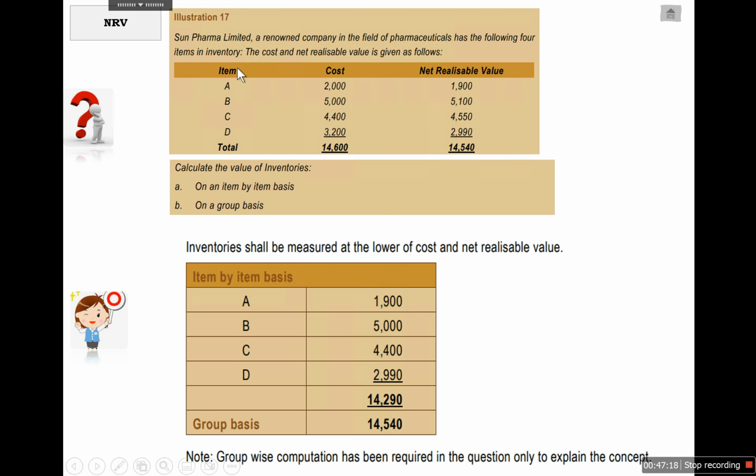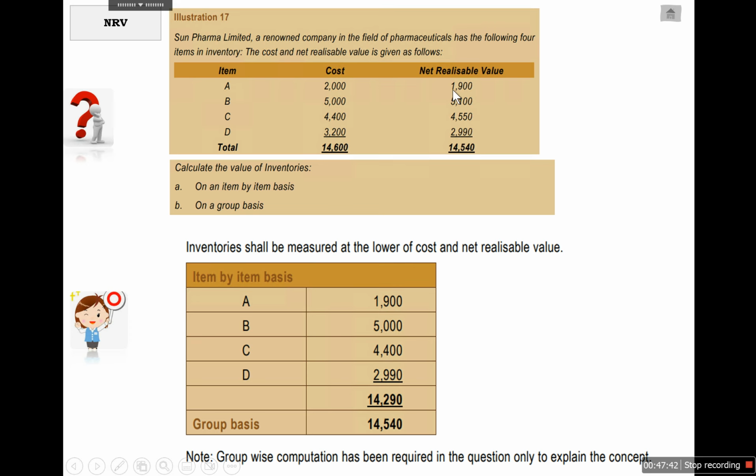Next is Sun Pharma Limited, a renowned company in the field of pharmaceuticals, which has the following four items in the inventory. Cost and NRV are given as below. For A, cost is 2,000, NRV is 1,900. Similarly for B, NRV is greater. C also has NRV greater, and in case of D, NRV is lesser than the cost.